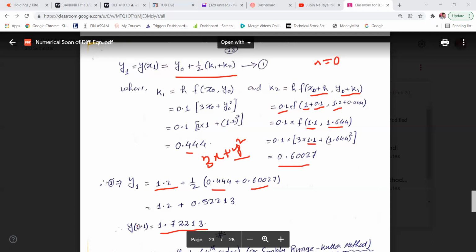Not 0.1, just to correct, it will be 1.1. So y will be 1.722. So the y value at 1.1 will be 1.72213. Is that clear? Just simple.